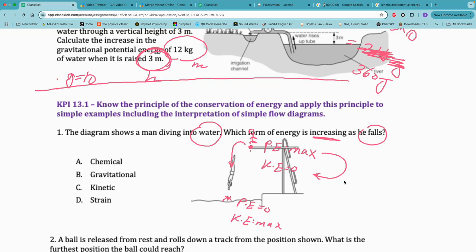This means potential energy decreases, kinetic energy increases. So the question asks which energy is increasing as he falls? Automatically kinetic energy.